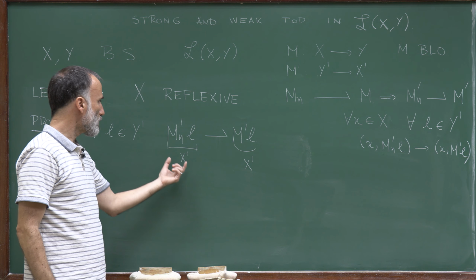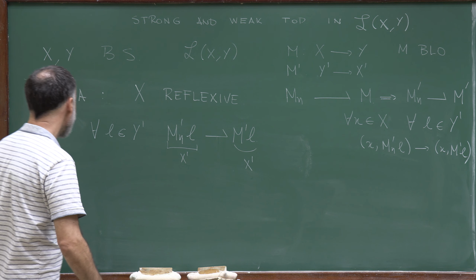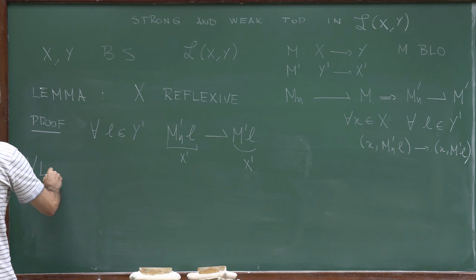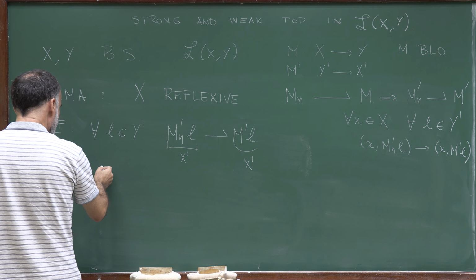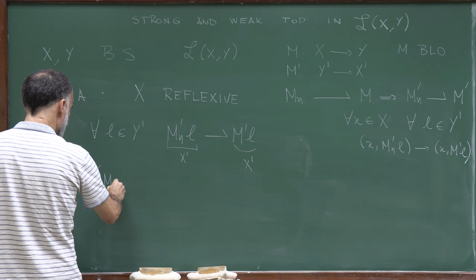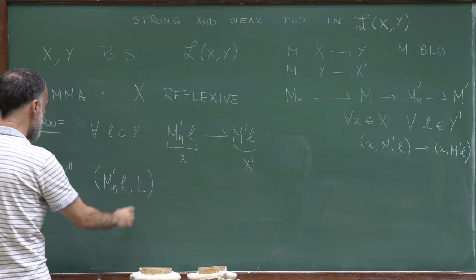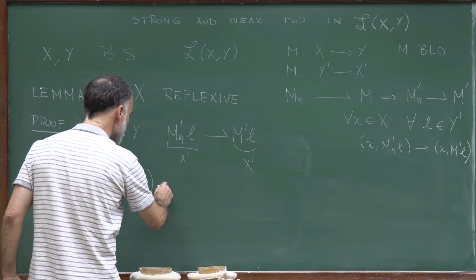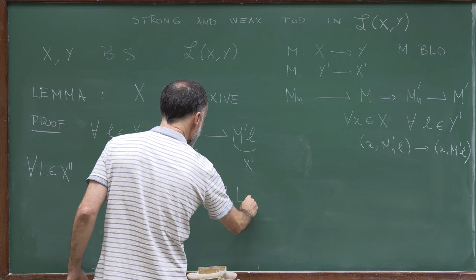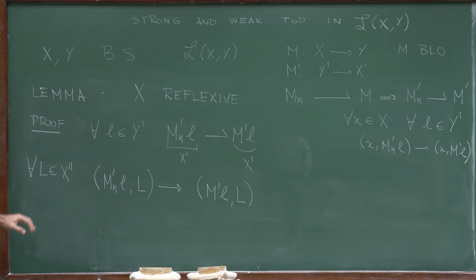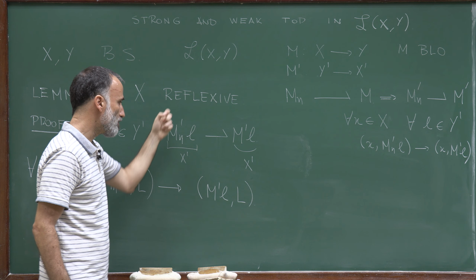So to prove that this sequence of elements in X prime converges weakly to this element in X prime, we have to show that for all L in X double prime, Mn prime L, so the application of this bounded linear functional to this element, converges to M prime L. And it is at this point that I will use the fact that X is reflexive.